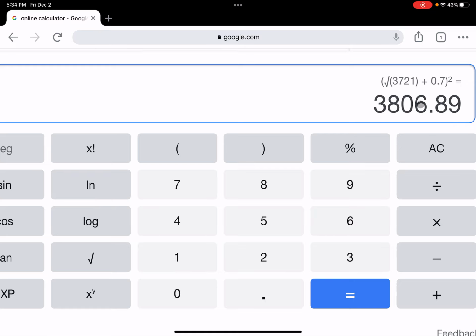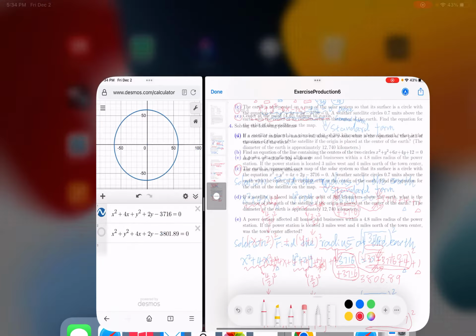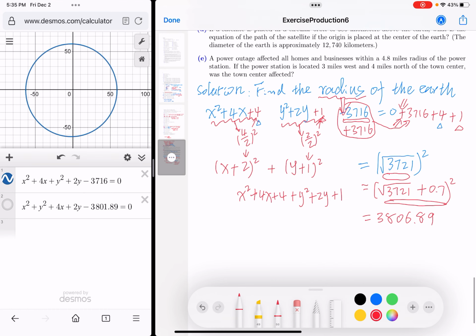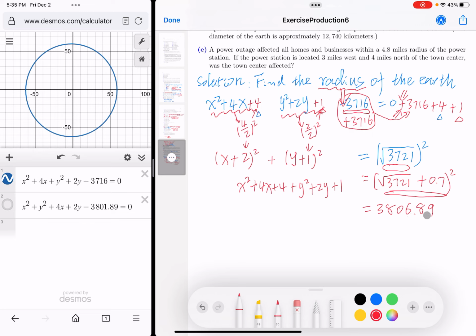You get 3806.89. That's the radius of the satellite squared. Okay. All right. Now, we got this answer right here.